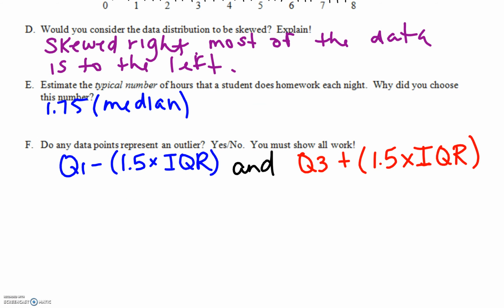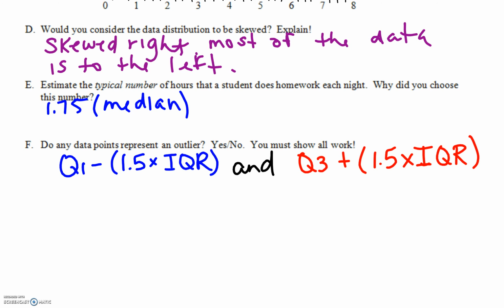And then for part F, it says, do any data points represent an outlier? And we must show our work to prove that it is an outlier. So like we said earlier, there is a formula that you could use to determine if there is an outlier, and I did write it down when I paused the video.